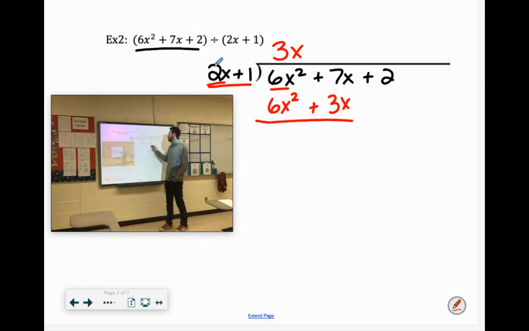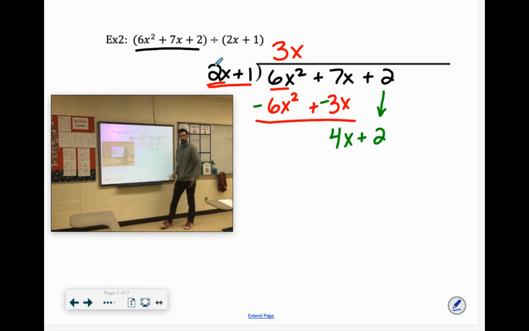But just like with long division back in the day, we're going to subtract it. So we need to make both of these the opposite. So we'll make a negative 6x squared and negative 3x. Now 6x squared minus 6x squared is 0. 7x minus 3x is 4x. And just like the old long division, you bring down your next term, plus 2.